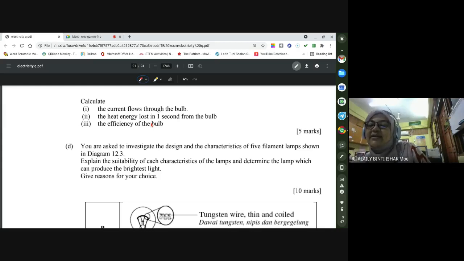Since the power loss is 1 watt, what would be the output power? Yes, 10 watt. And the input power is 11, times 100. So what do we get for the efficiency? 10 divided by 11 times 100. What do we get? Did we get 91.67?